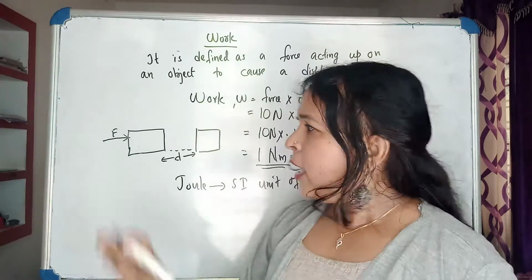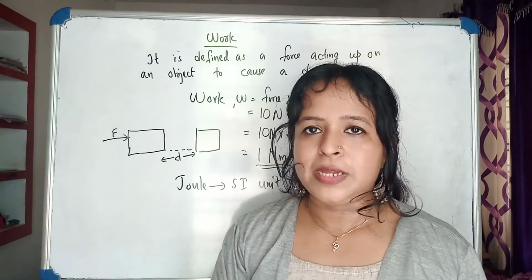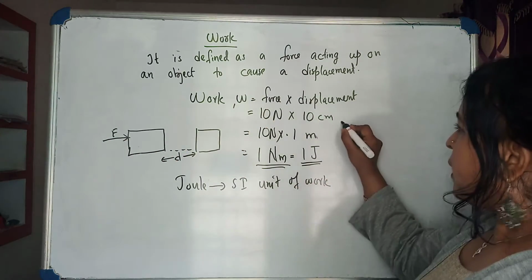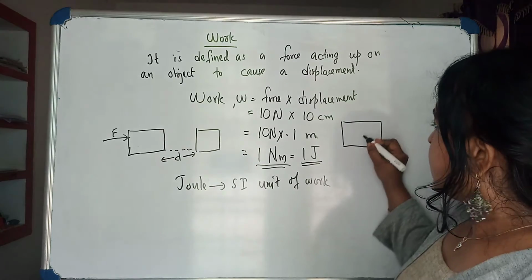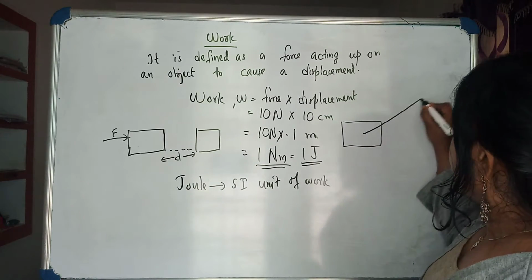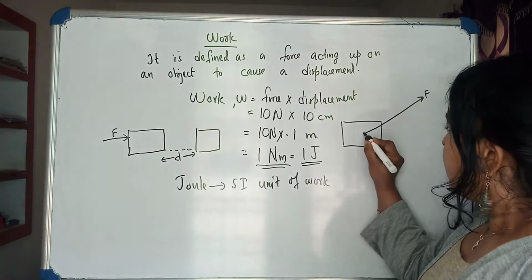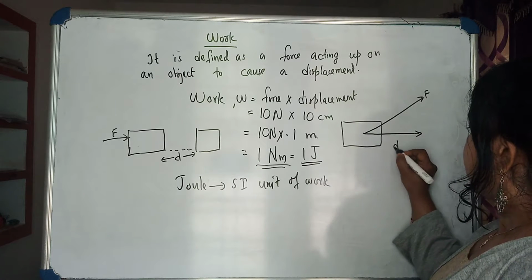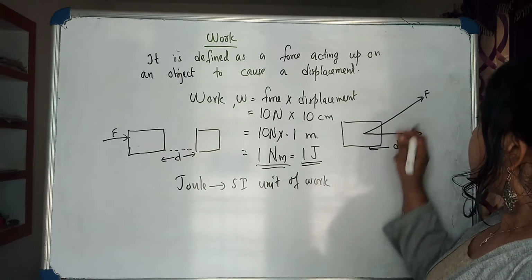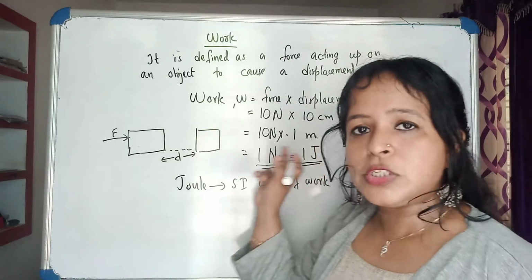Suppose the force is not acting along the direction of displacement. Here I am drawing another picture like this, and I am applying a force in this direction, and the displacement D of the body is along this direction. That means the force is not along the direction of the displacement.